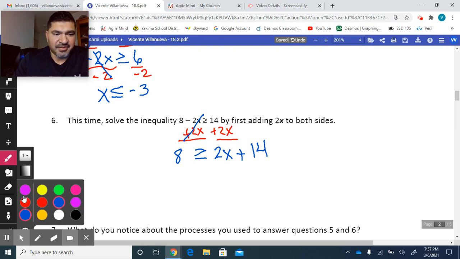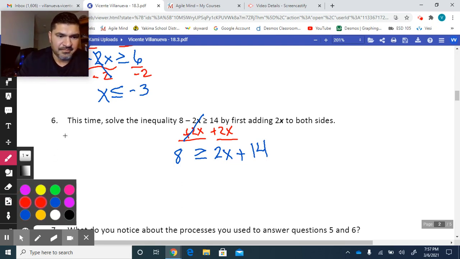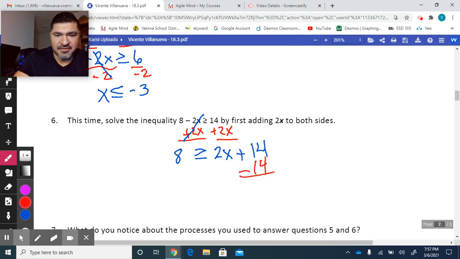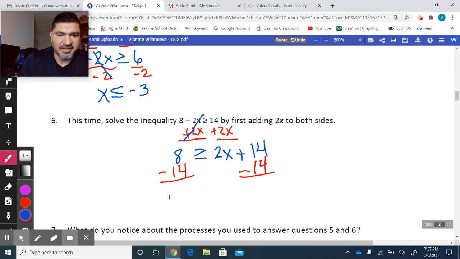How do I get rid of plus 14? With a negative 14 or subtract 14, however you want to say that. We got to keep our equation balanced, so we got to do the same thing to the other side. 8 minus 14 is negative 6. The sign stays the same, and I have 2x.